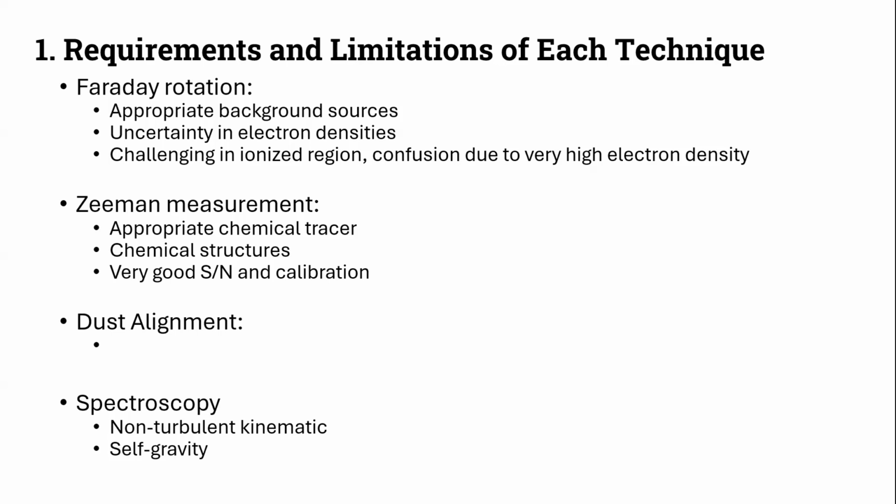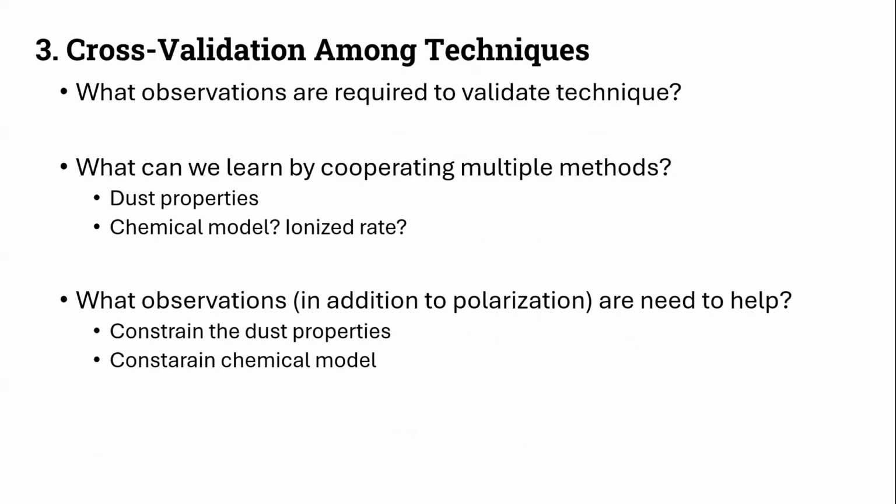And I strongly agree that it's important to properly test all these techniques that we're developing, to identify where their limitations are and make sure that we are probing the same regions. For the Faraday rotation technique, we have been getting similar results to the Zeeman observations.